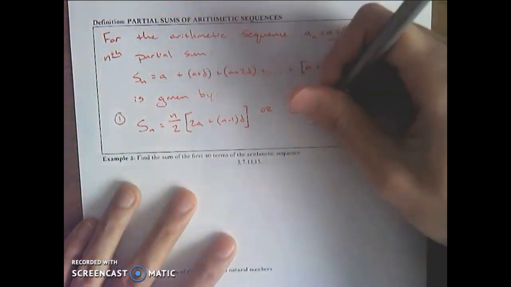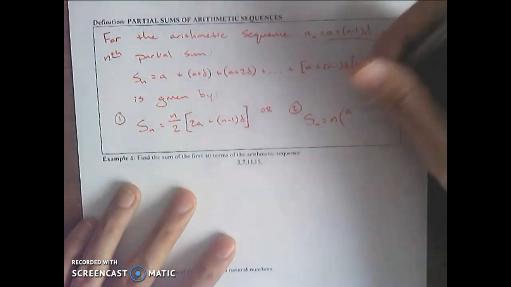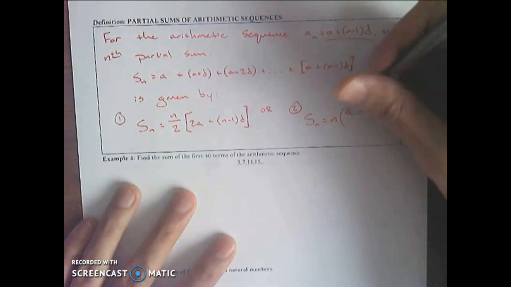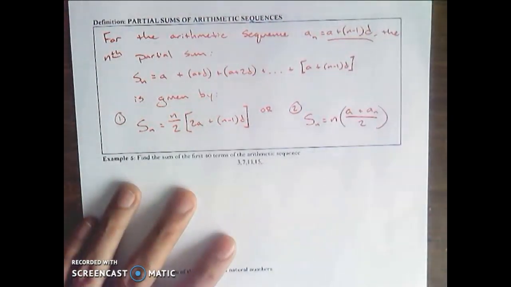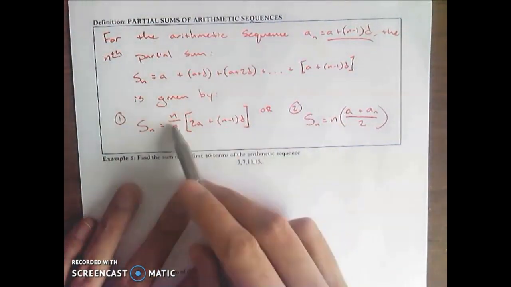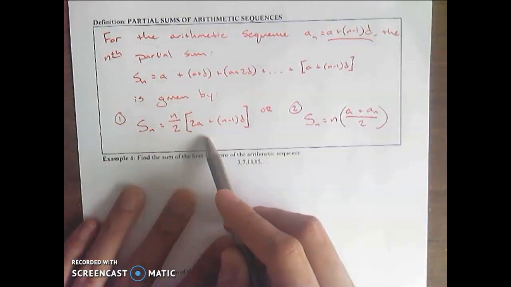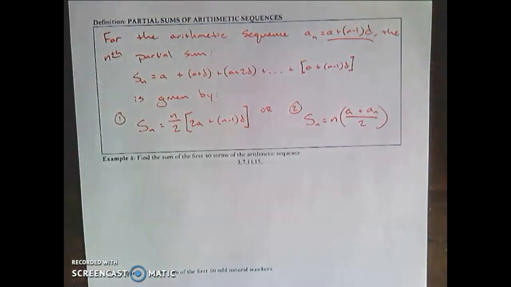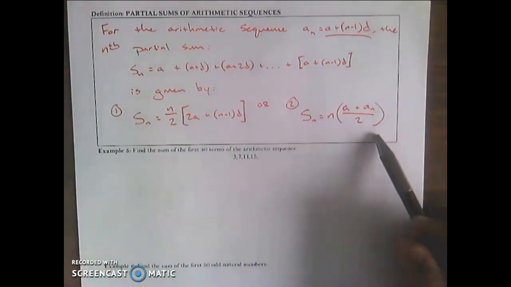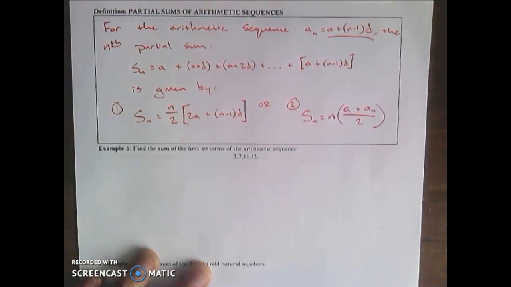We have Sn equals n times a plus an over 2. Of course each of these formulas have their advantages. If you have a and d and n, you can just plug it right in here and find the nth partial sum. If you have n, a, and an, then you can just plug it right into here. So depending on what you have, you can use either one of these formulas.